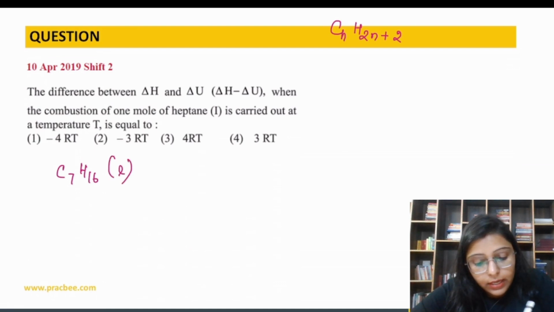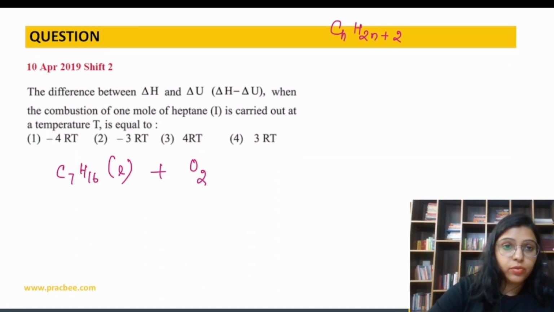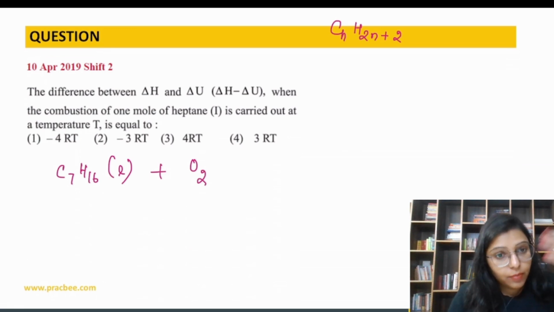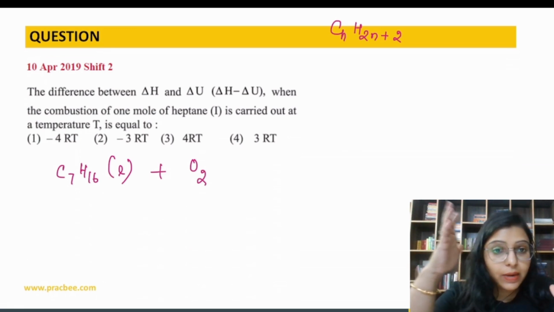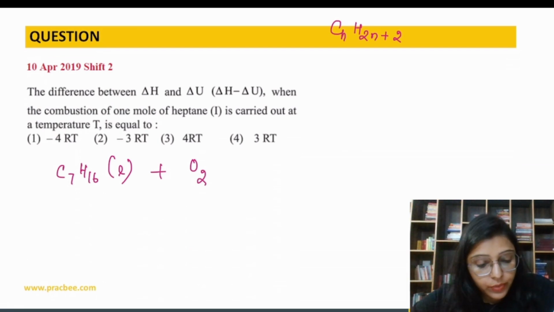So this exists in the liquid state, right? Smaller members of hydrocarbons exist in the gaseous state, then higher members in the liquid state, and if we have more carbon atoms in the compound, then they exist in the solid state. O2 gas is converted to CO2 gas and water liquid.